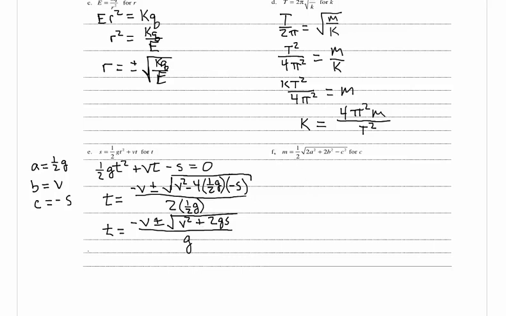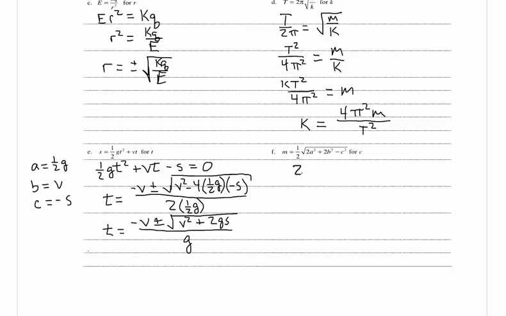In F, we have m is equal to 1/2 times the square root of 2a squared plus 2b squared minus c squared, and we want to solve for c. So the first thing I'm going to do is multiply both sides by 2.